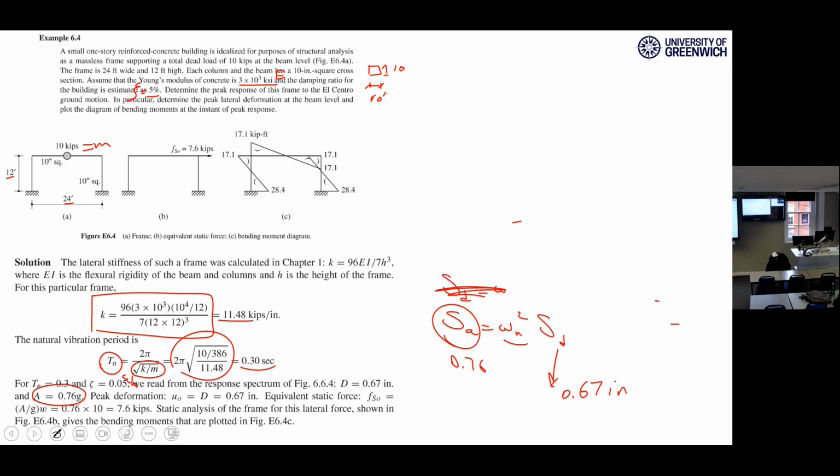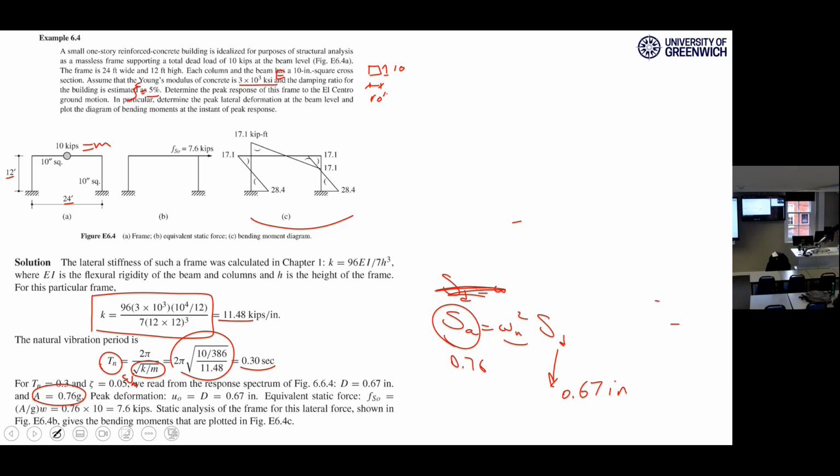And the maximum acceleration is 0.76 g, which means you just multiply this by the mass to come up with your design force, right? The second part says, plot the diagram of bending moment at the instant of peak response. So this is the last part. It's questioning.